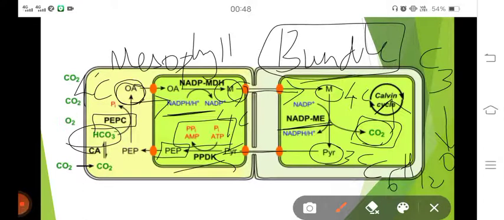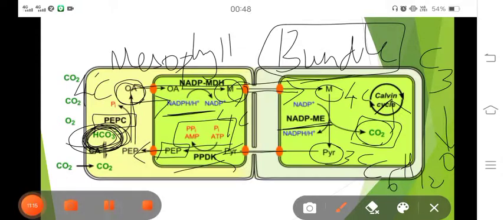This phosphoenol pyruvic acid comes out of the chloroplast of the mesophyll cell and will be ready to take the carbon dioxide, and again this cycle continues. This is because the Rubisco enzyme is present inside the bundle sheath cells and it has to undergo the carboxylation reaction, to provide carbon dioxide for Rubisco enzyme. The plants are fixing the carbon dioxide in the mesophyll and sending it to the bundle sheath cells.